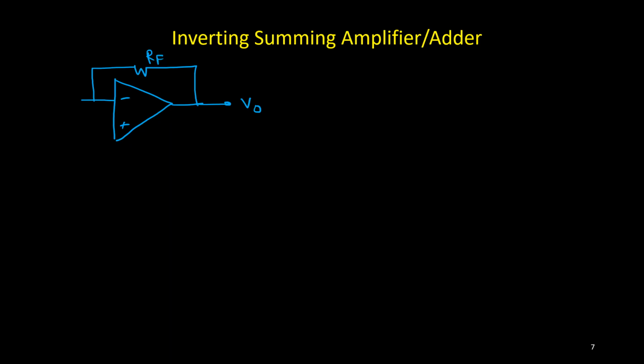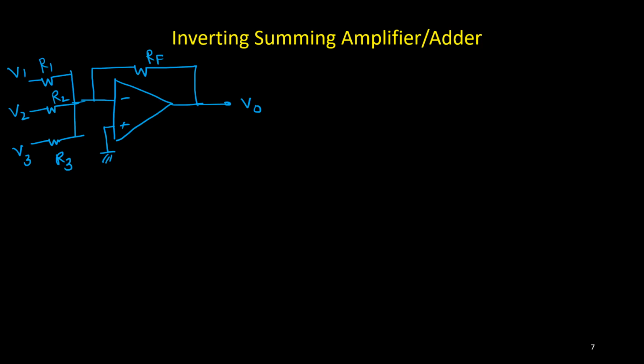Now I can connect multiple voltage sources. This voltage is V1, this is V2, this is V3. This is R1, this is R2, this is R3. And this end we'll consider as grounded.